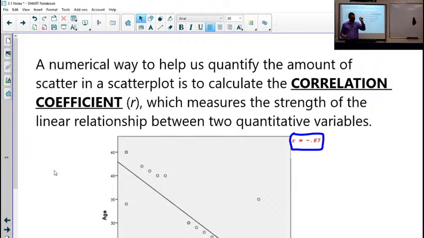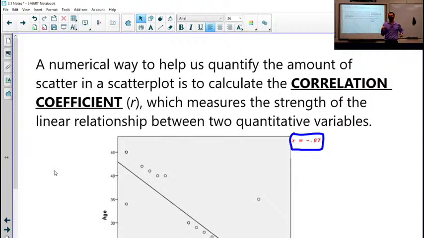Let me talk about that word correlation very quickly, because it's important that you understand what something being positively correlated means. If I have a positive correlation, all that means is that as one variable goes up, I can make a good prediction about what the other variable is.